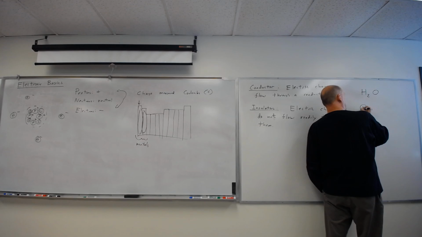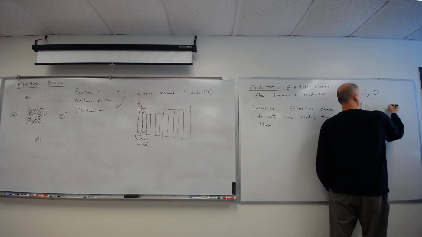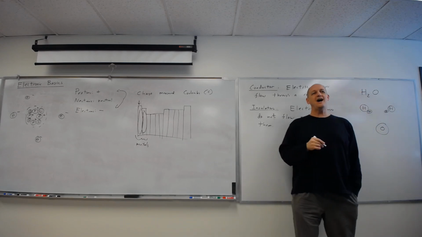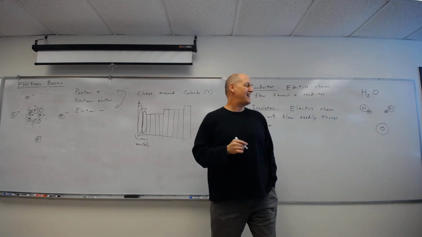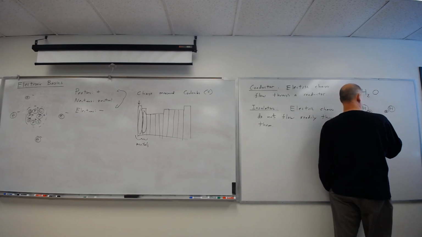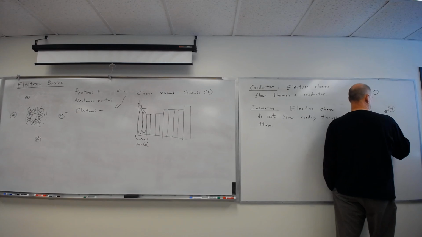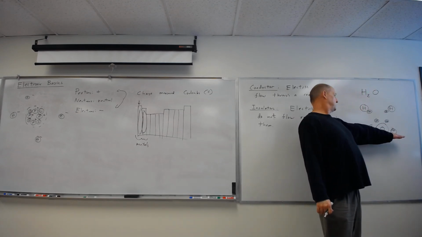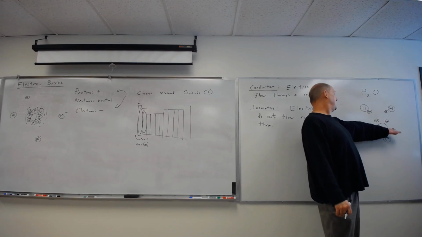It has 2 hydrogen atoms, which would each have an electron on the outside. It looks like a donut, but that's an O inside. An oxygen atom, which has 6 electrons. It has spots, if you remember this back in chemistry. For 8 electrons out here in the valence shell, they have 2.